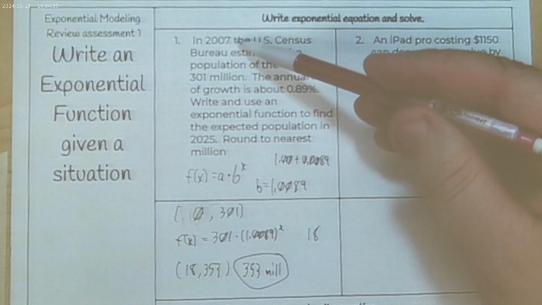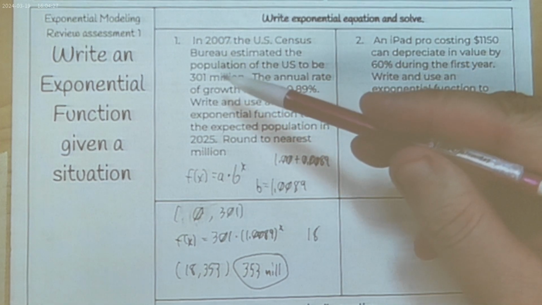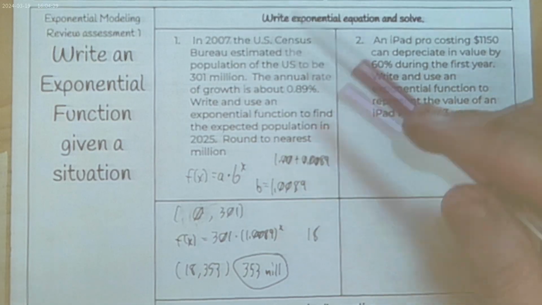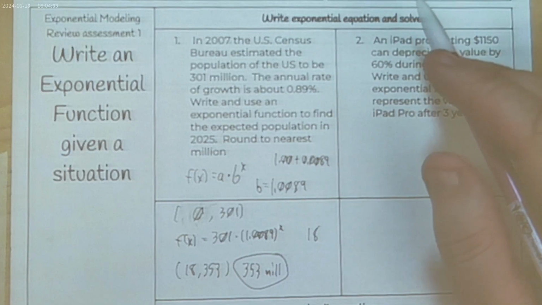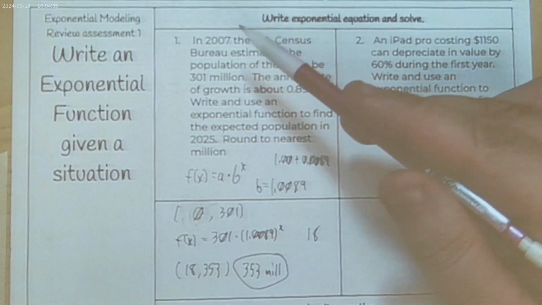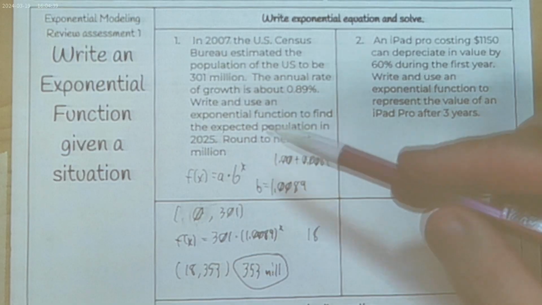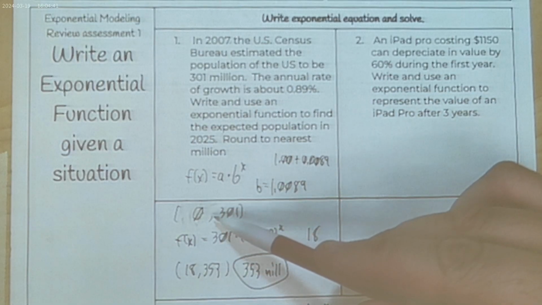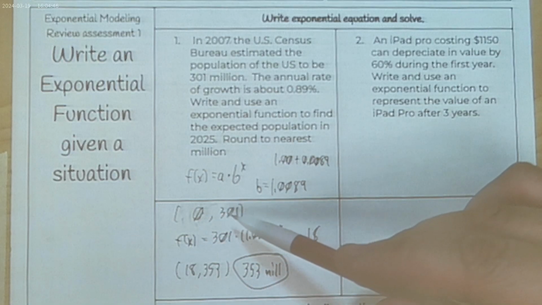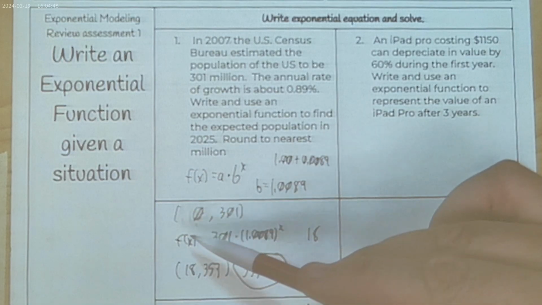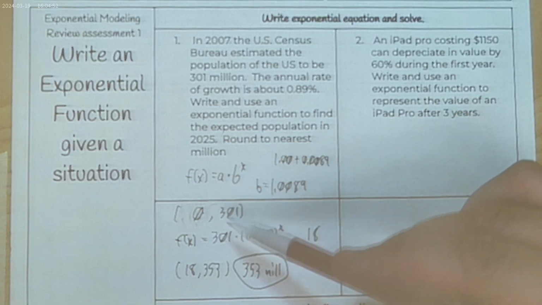So if the very first measurement we set is in 2007 of 301 million, that means that no time has passed. No years have passed, no cycles have passed, nothing has gone on. So at year 0, which is 2007, we had 301 million, which is where I got this 301. Once I understood I had 301, that meant I could put 301 in as my A value.